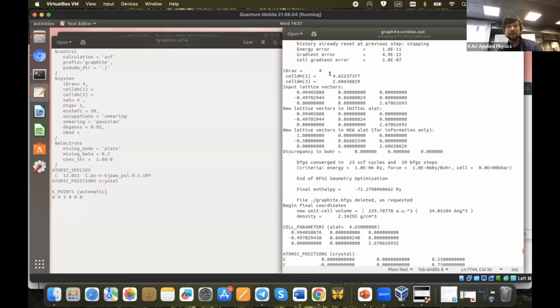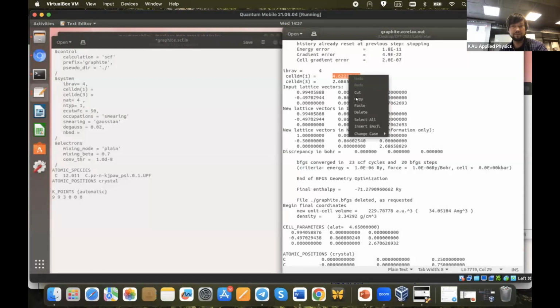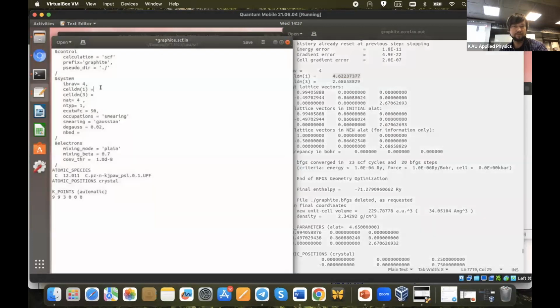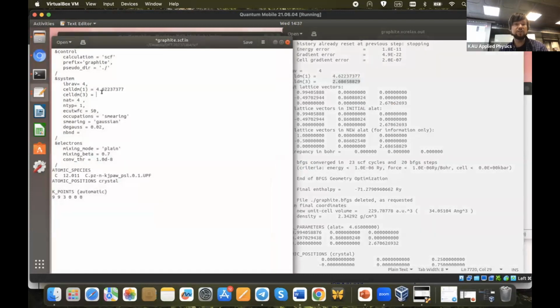This, and just copy them to the SCF file. Copy paste. You see, it changed a lot. For cell DM1, it was 4.67, so this change is not so huge.